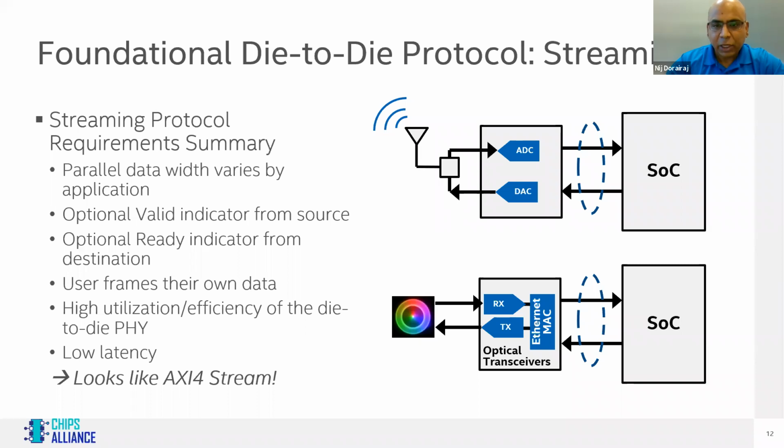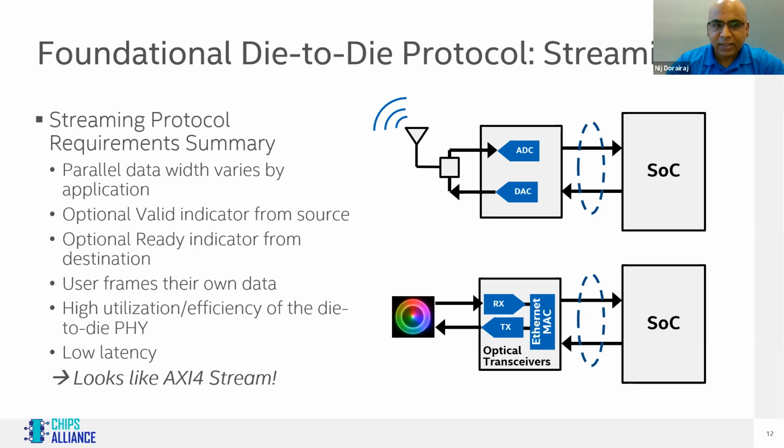Again, this is like a sensor converter sending data over to the SoC. This is streamed into the SoC, and there's another example of an Ethernet optical chip over a transceiver. Again, this is connecting to the SoC over a stream interface, and it can carry its own data, in this case an Ethernet frame going into the SoC.